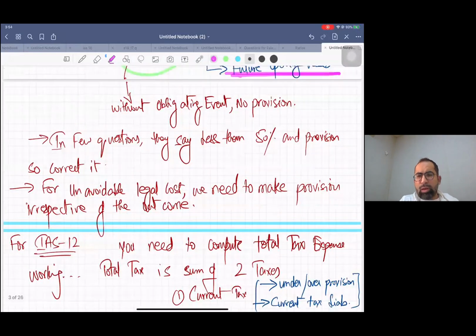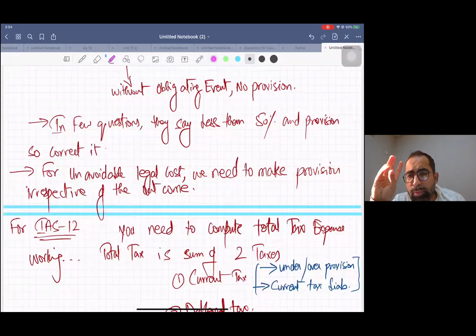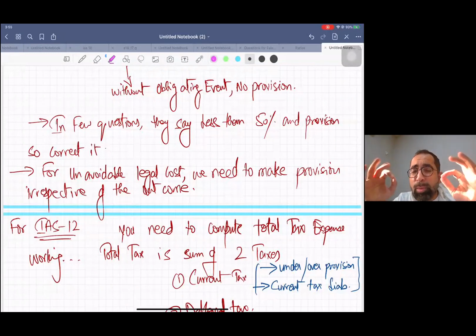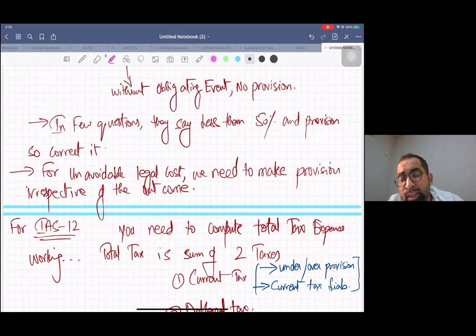Now you all know the conditions for booking a provision are 3 conditions: present obligation, probable outflow. Probable means 50% plus chances. In one question, I think the candle question, there was only a 20% chance of outflow, and still the examiner booked the provision.